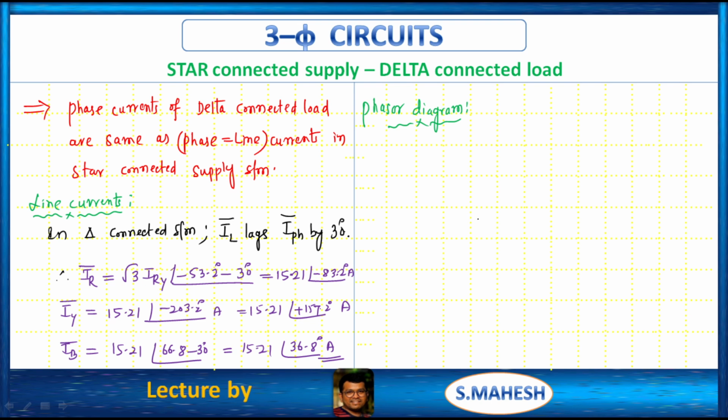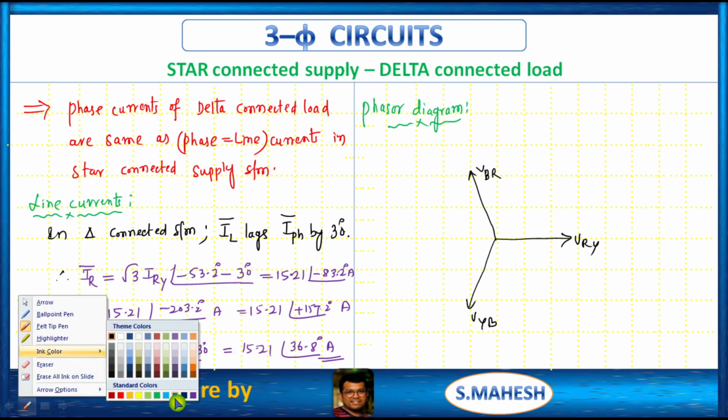What is the supply voltage here? This is VRY, right? This is VYB, right? Like that. This is VBR, completed. Then see that the phase current lags the phase voltage by 53.2 degrees, right?